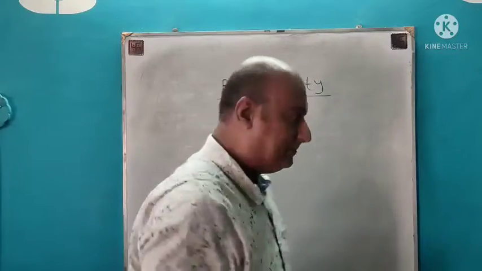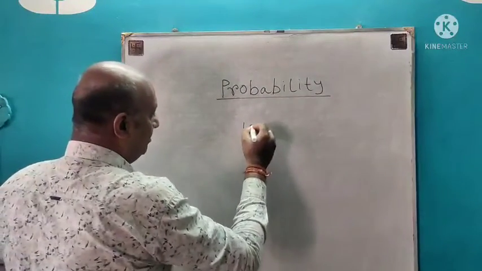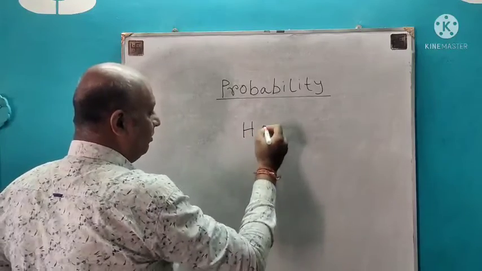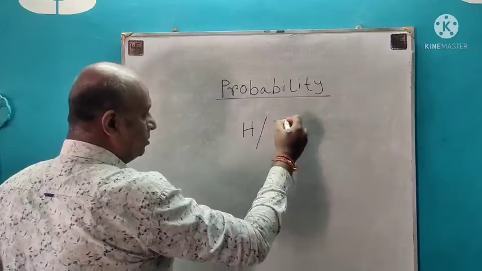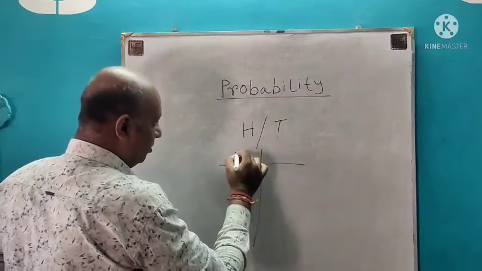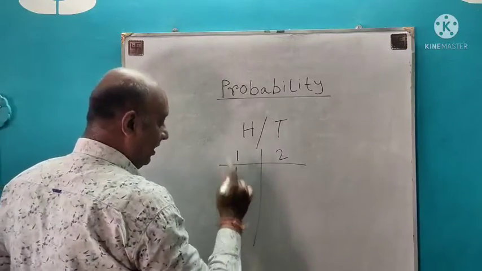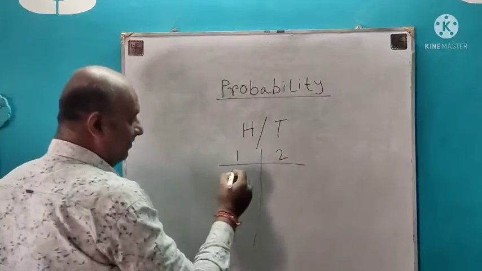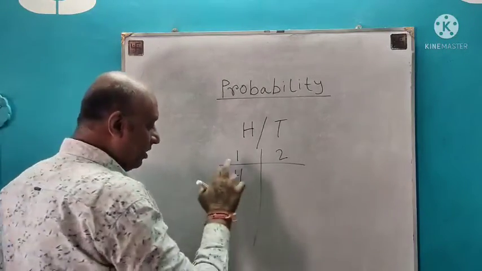So let's start. If I toss a coin, the possibilities are that in one coin we'll get one head or tail. So let's do this. Coin number 1, coin number 2. If heads come in coin number 1, that is possible.